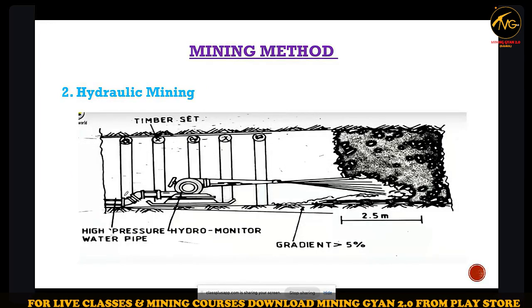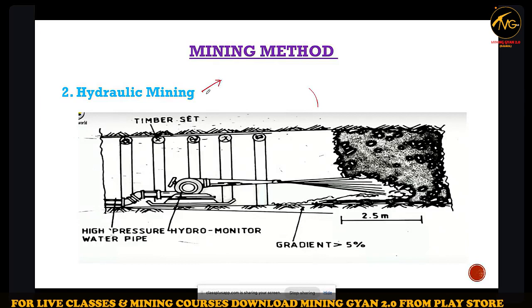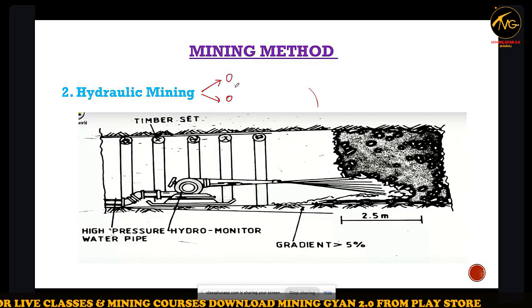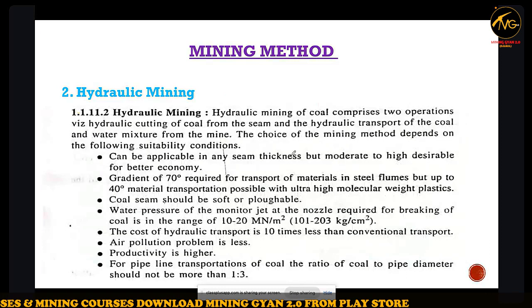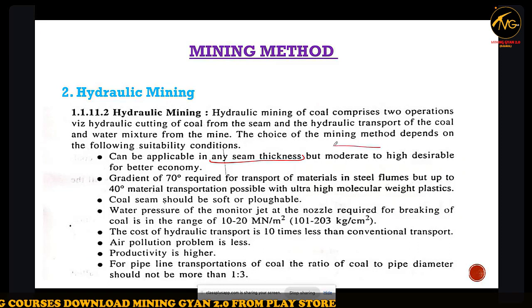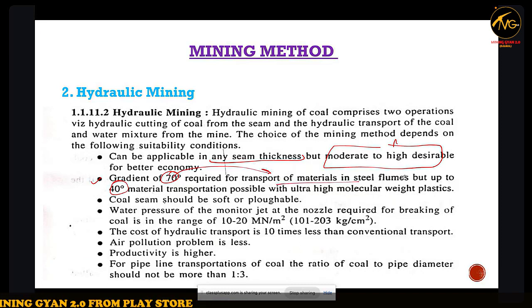Hydraulic mining we discussed yesterday. Transportation and cutting of the coal happen simultaneously, and it can be used for any seam thickness, but we prefer it for moderate to high. Desirable gradients are 70-degree, 40-degree: 70-degree for transportation of material such as steel plumbs, and 40-degree for high molecular weight plastic.